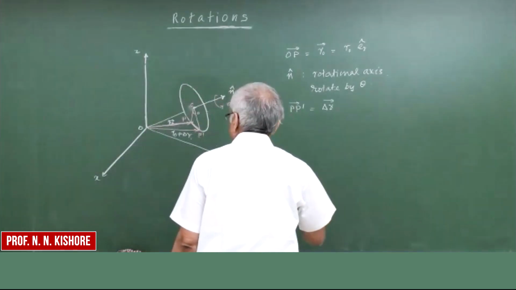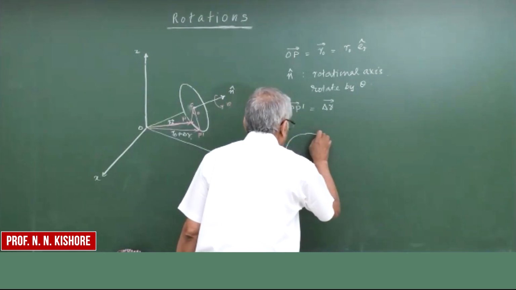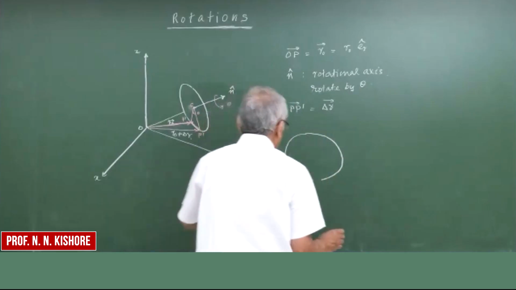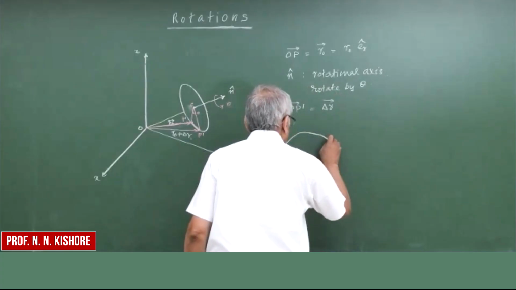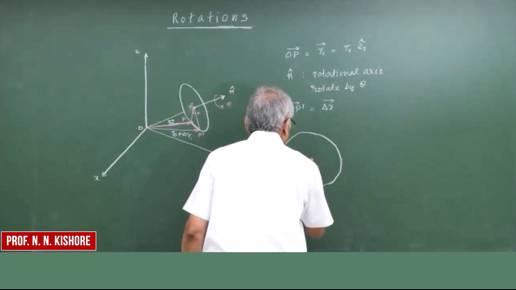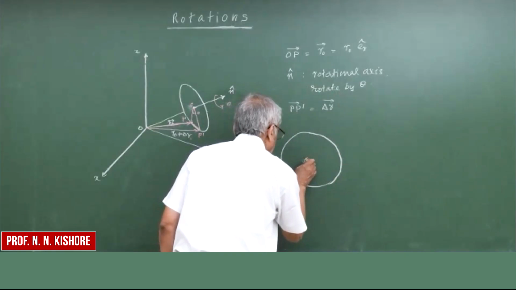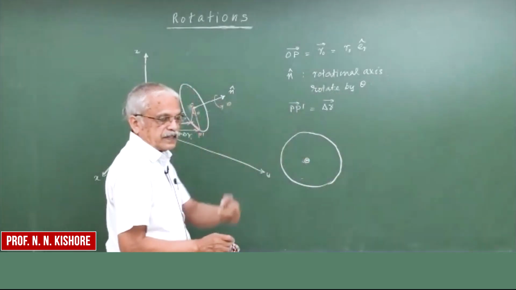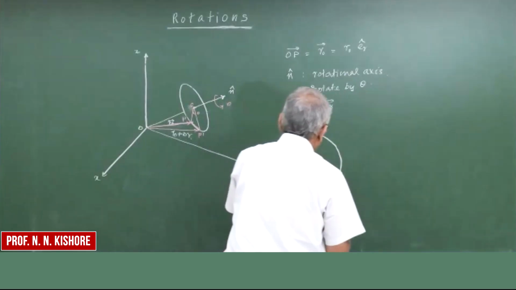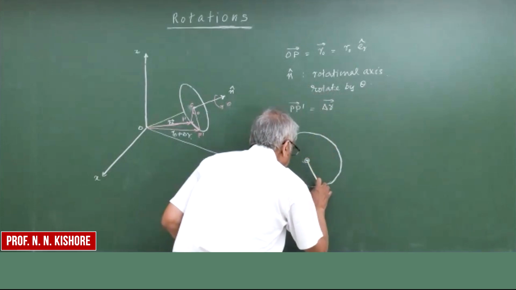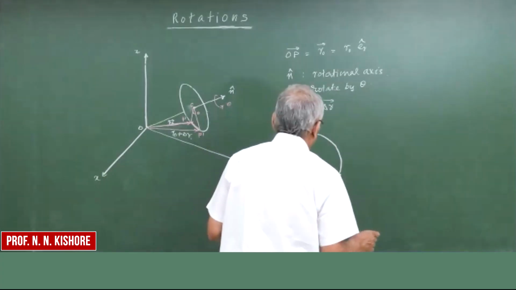If you see it from the top, N is coming out, and this is P, and this is P prime.